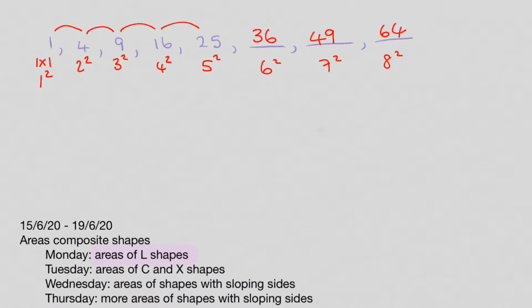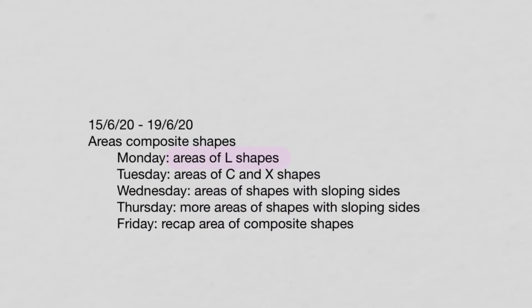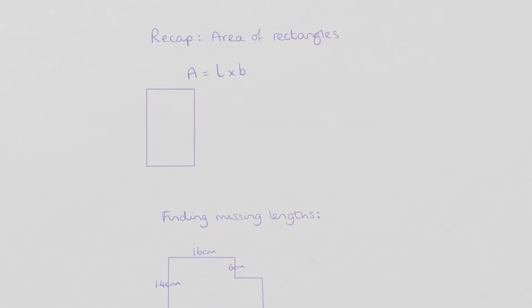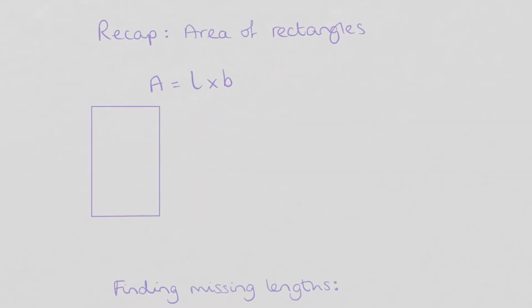Okay, so today, and all this week, we're looking at areas of composite shapes. That means shapes that are made from putting shapes together. Today we're going to look particularly at L shapes. Before we do that, let's just recap.